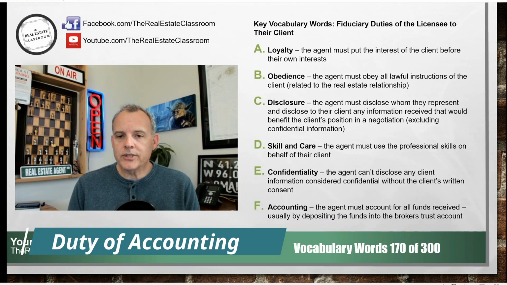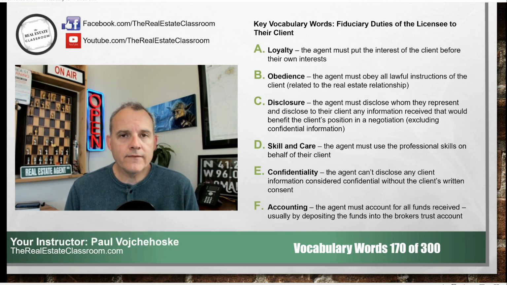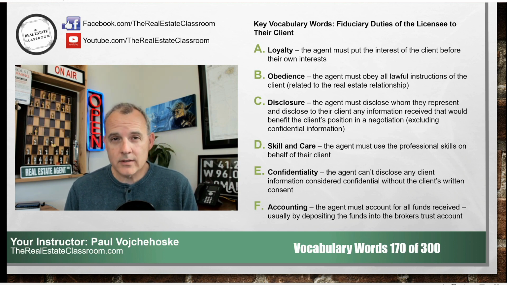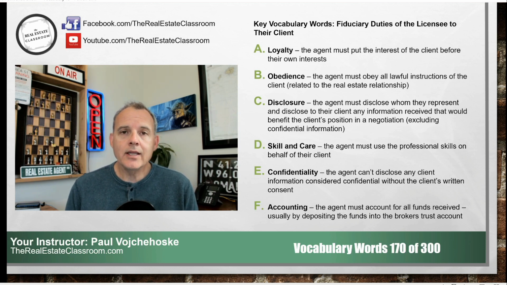Accounting. This particular fiduciary duty requires that the agent account for all funds or things of value that come into the possession of the licensee. Most of the time it's money in the form of cash, a check, a money order, earnest money, rents, or security deposits. The agent is most of the time going to be required to put it into the broker's trust account.